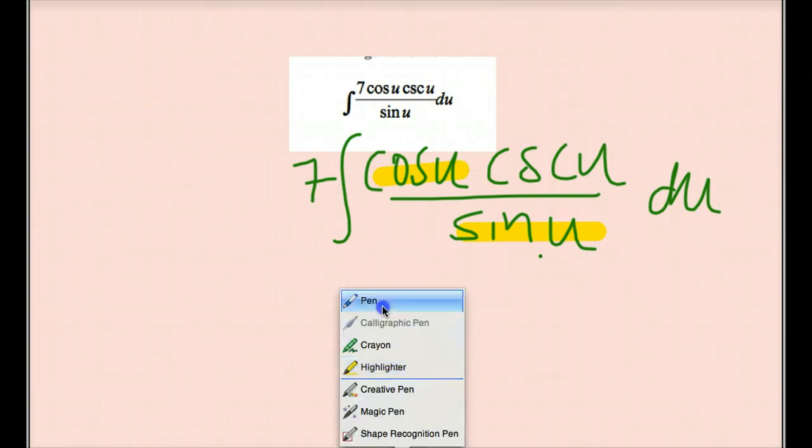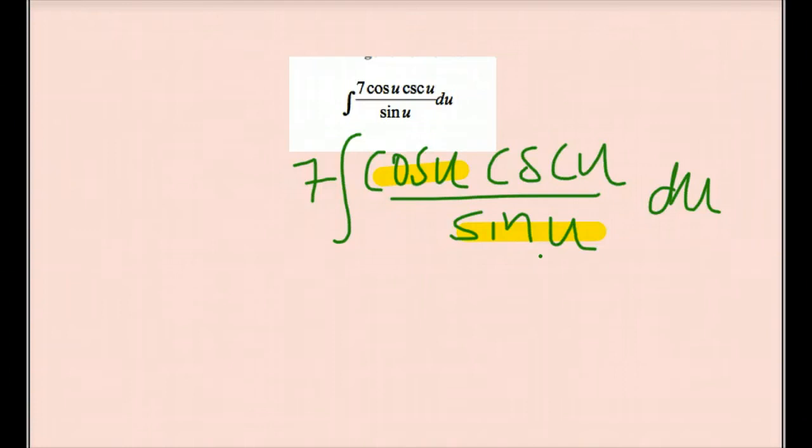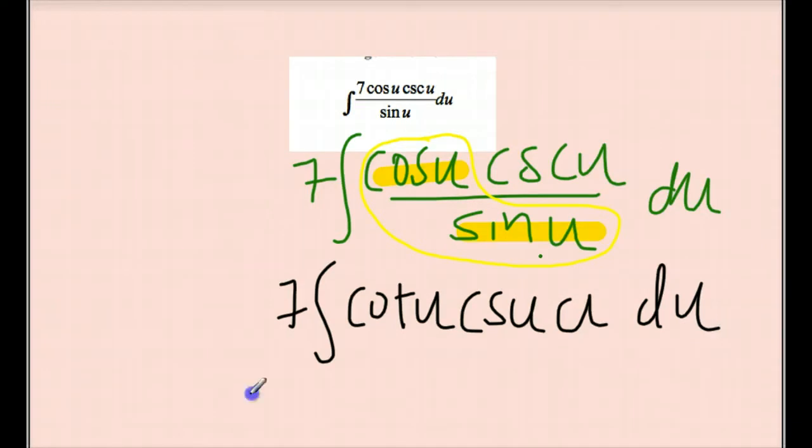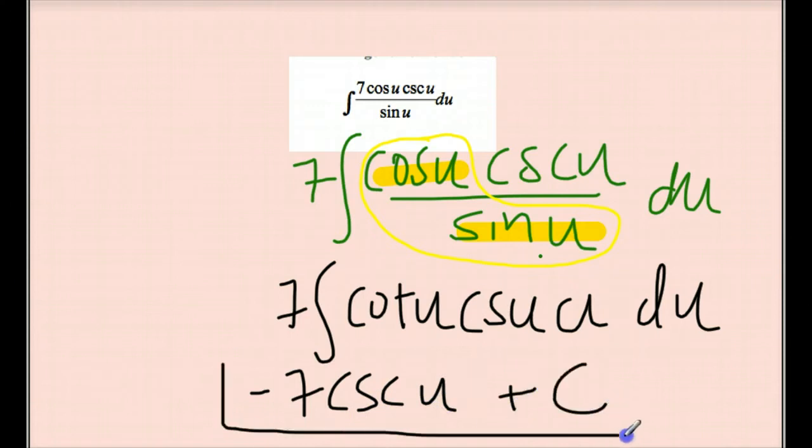So if I rewrite this, this yellow portion is going to be rewritten as a cotangent. So I get 7 integral cotangent of u cosecant of u du. Then I check my basic integral list and I notice I have a cosecant cotangent integral, which gives me a negative 7 cosecant of u plus c. And you're done.